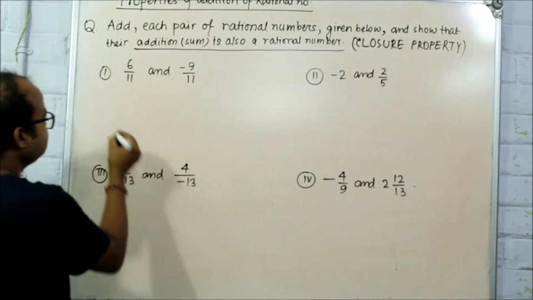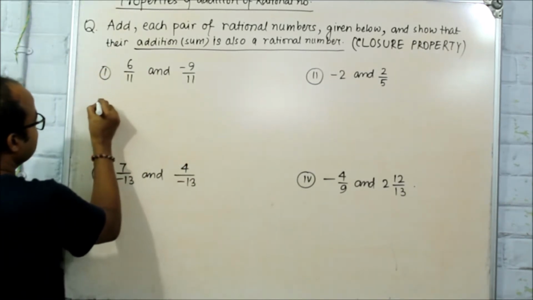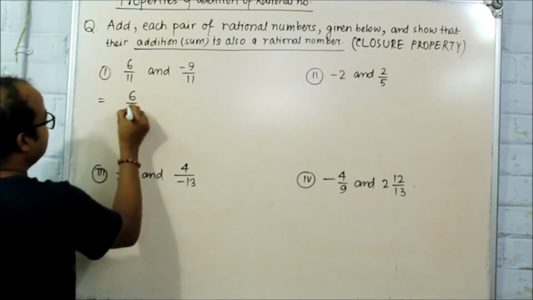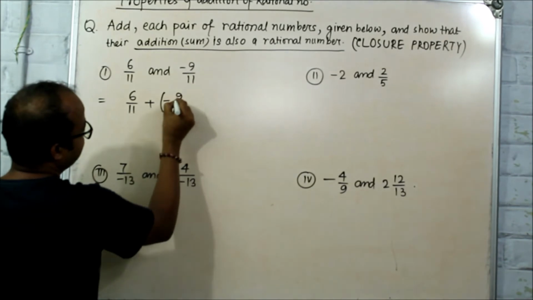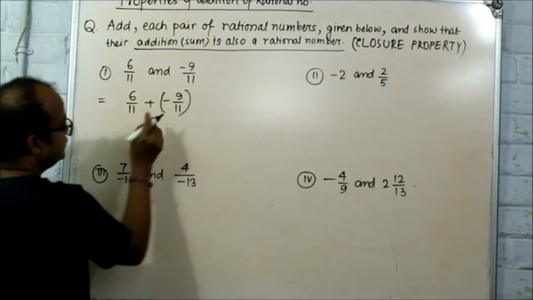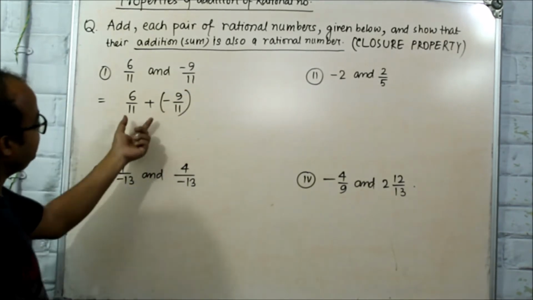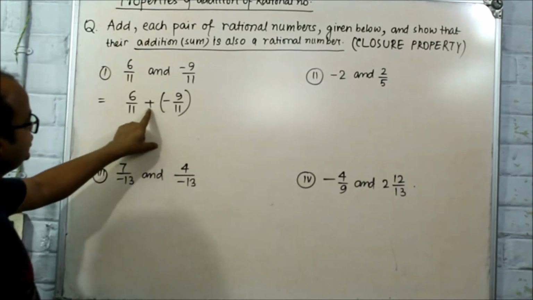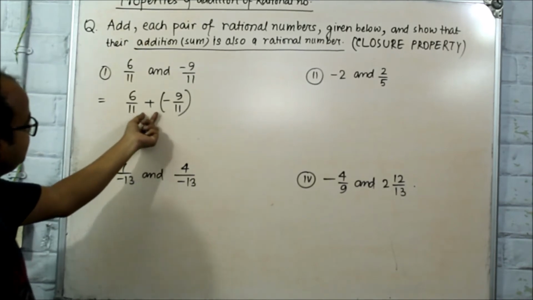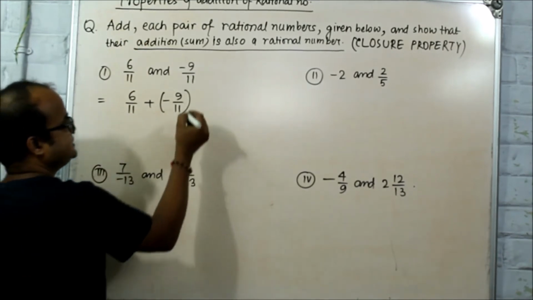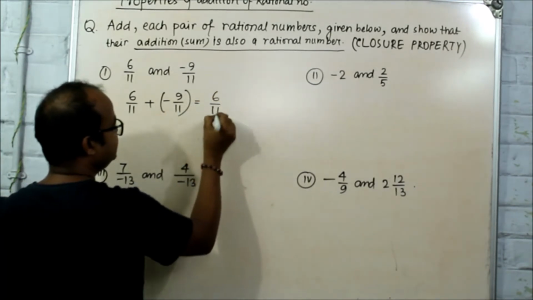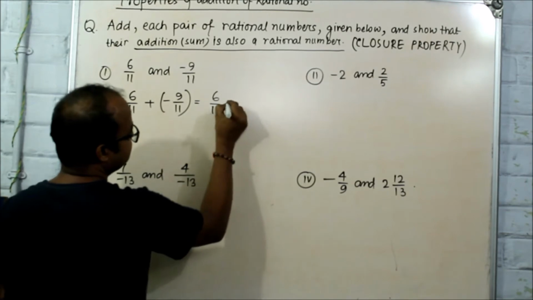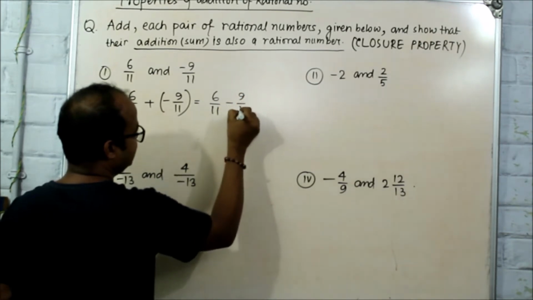So let us begin. First we write 6 by 11 plus minus 9 by 11. Here we are applying the condition: we need to add, so we write the first rational number plus the second rational number. So this is equal to 6 by 11 plus minus 9 by 11.